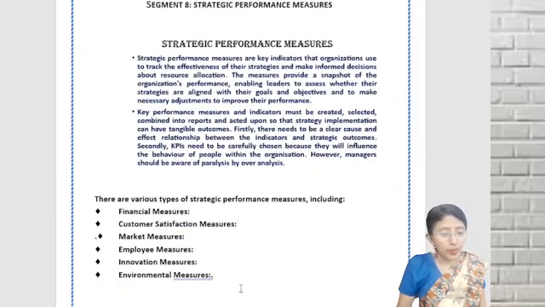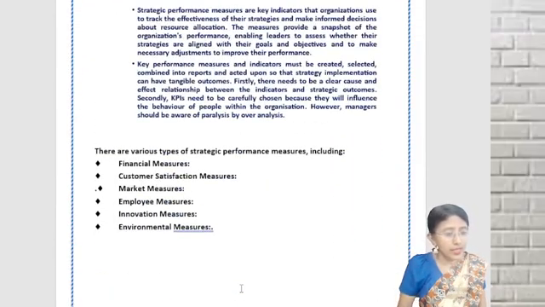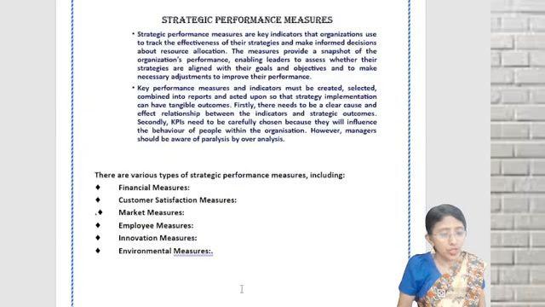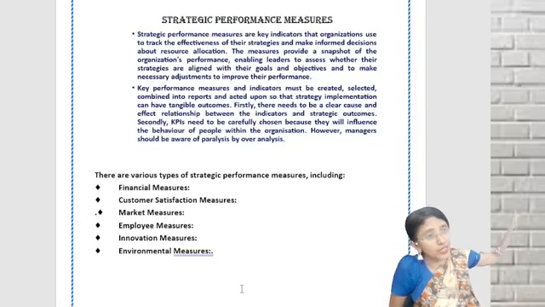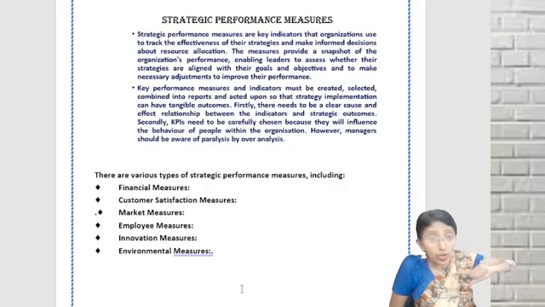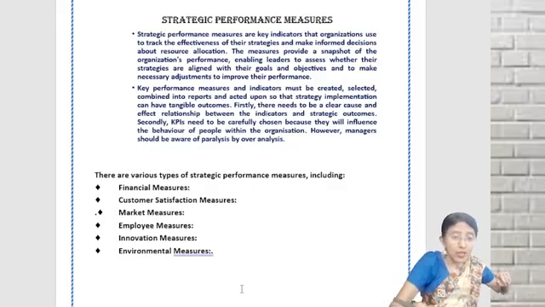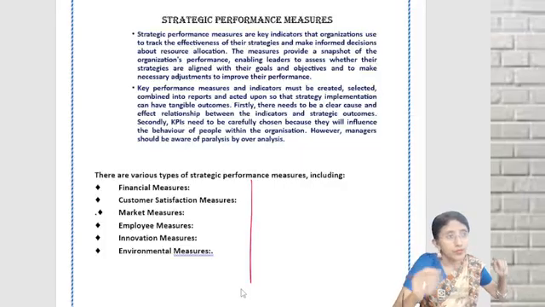And what are the performance measures? So you just see these important performance measures: financial measures, customer satisfaction measures, market measures, employee measures, innovation measures, environmental measures. Now your performance is assessed using all these.